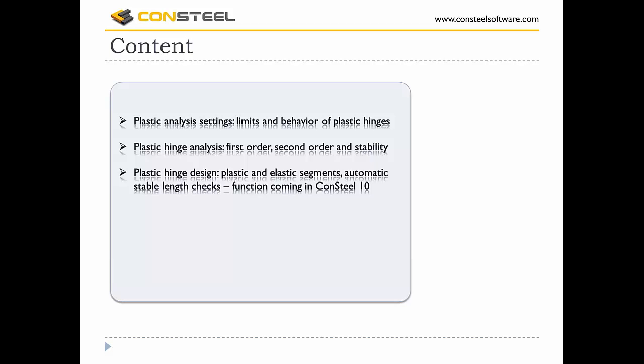And then I will review plastic hinge design based on the stable length approach of Eurocode 3. This is a function coming in the next version of ConSteel 10, which will be released at the beginning of next year.